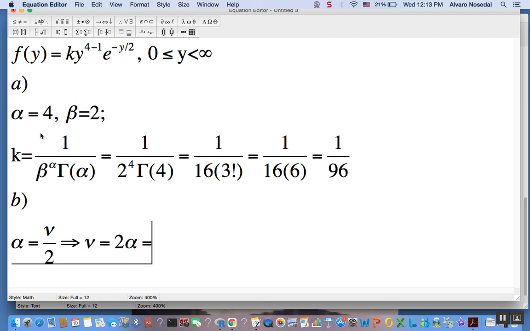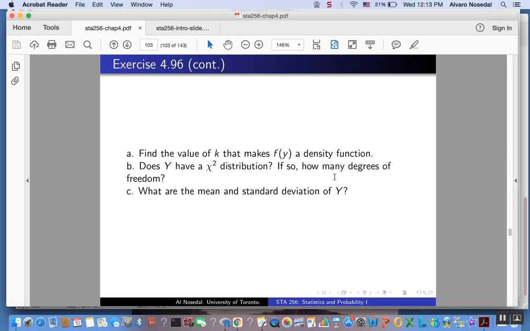So in this case, it would be 2 times 4, that's 8. So that means that we have a chi-square distribution with 8 degrees of freedom.